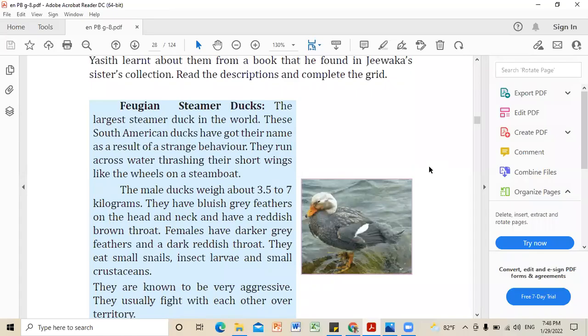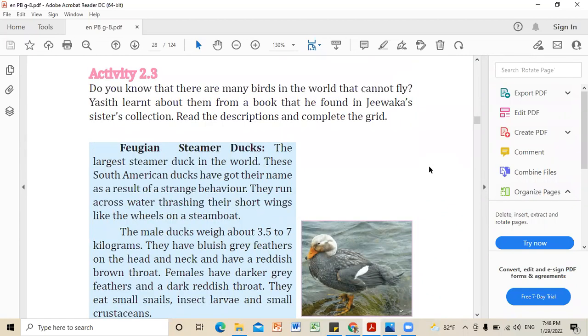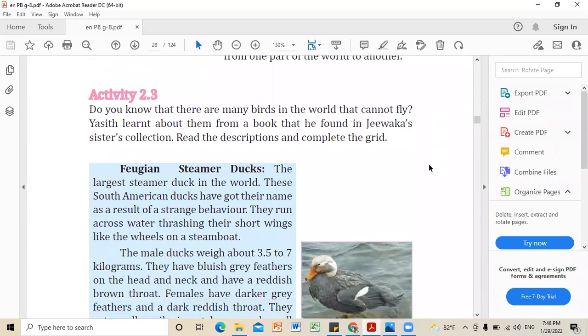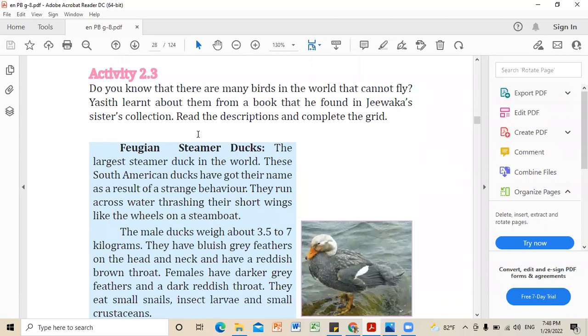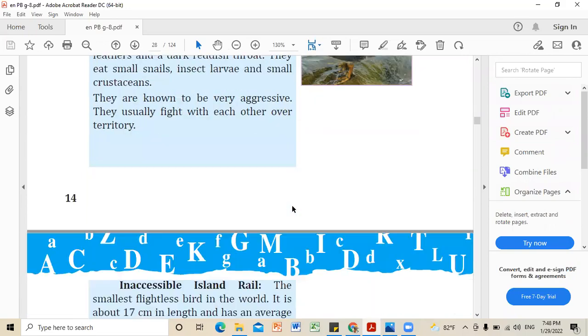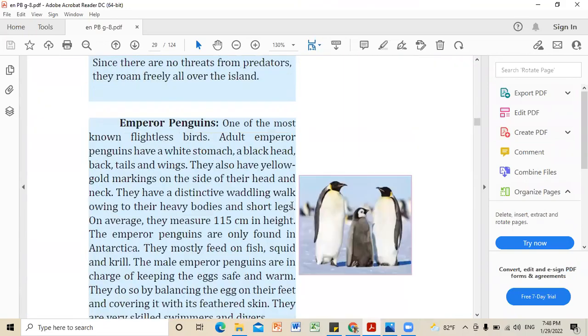Okay. So I think we can start the lesson for today. As I said last Thursday, we will do activity 2.3, where we will read about these birds.